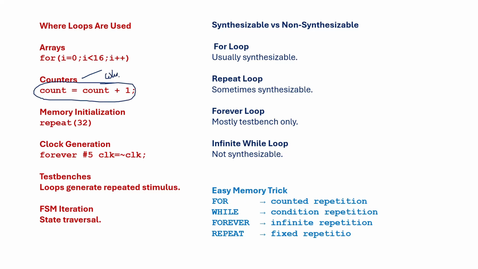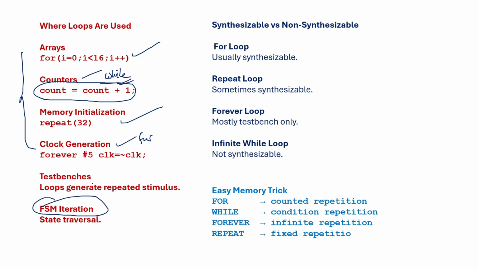While loop or for loop for counting purposes and arrays. Then for clock generation purposes I am using the forever loop, and for memory initialization sometimes I can use repeat. Okay, so most of the cases are used in test bench purposes only, because we need to repeat sometimes. So that is the test bench purpose or FSM iteration purposes we are using the loops.